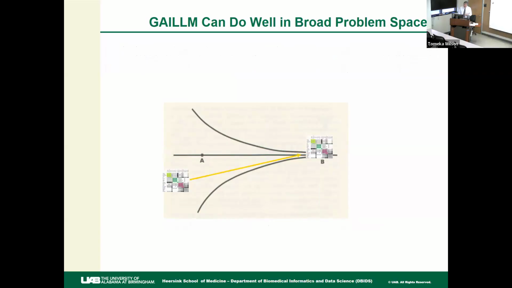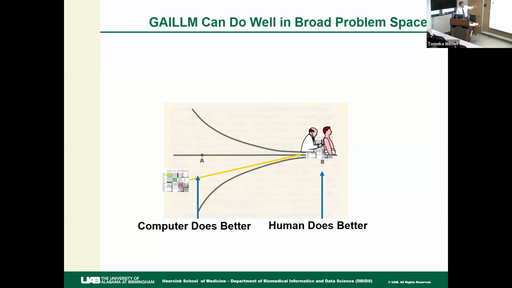All right, well, now things are a little bit reversed. It turns out that these large language model tools are really good at figuring out where they are in the problem space and narrowing it down and directing it, because they've got lots of patterns and pattern matching capabilities that the humans had the advantage in before. So the computer can do better there, but then the human can do better when we get down and actually apply it, because these generative AI systems, first of all, generate too much stuff.